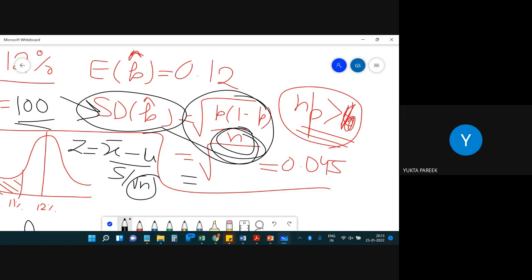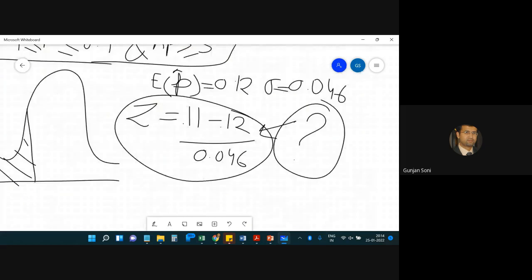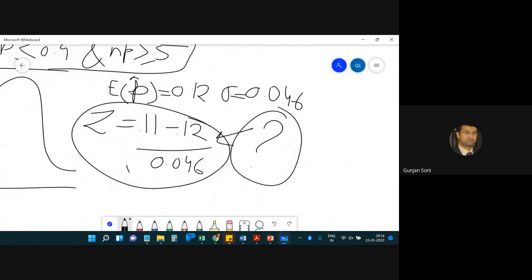Okay, sir. This formula is applicable for a sampling distribution, right? Yes, sir. So that is fine. No problem with it. Any other problem in this formula? There is a problem. Is this 0.11 which I have written over here correct?